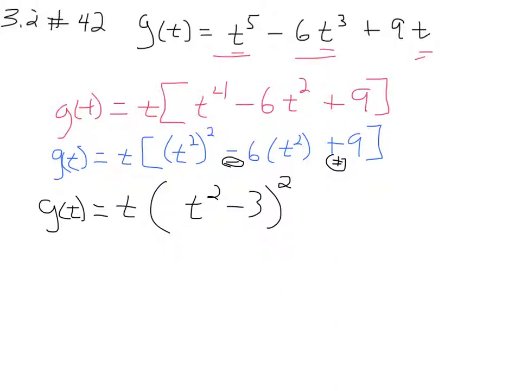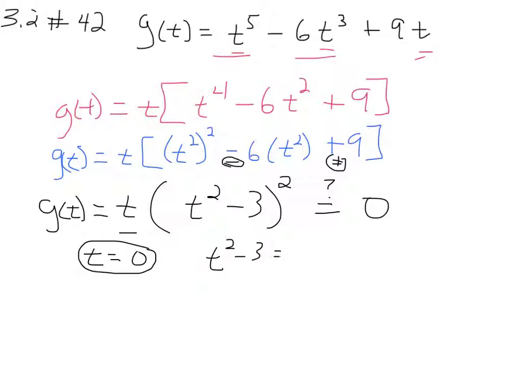So now if I'm going to look for the zeros of this, I can have t be equal to 0. So that's one of them. Or t squared minus 3 is equal to 0. If I add 3 to both sides, this is true if and only if t squared is equal to 3.